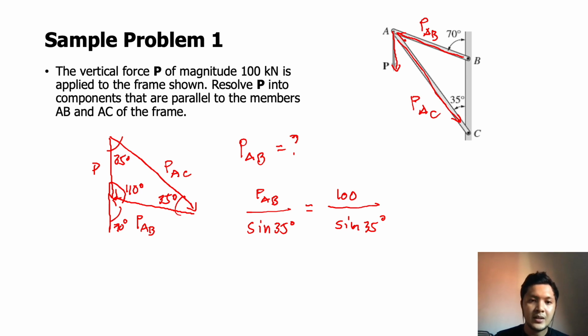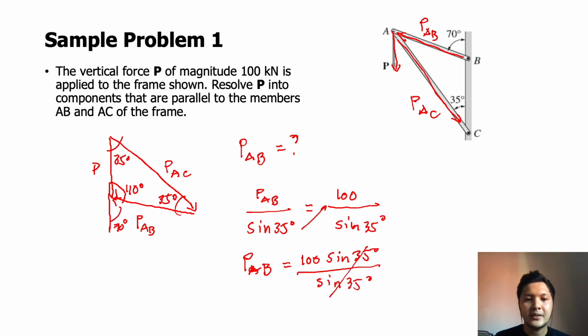Therefore, PAB is equal to 100 times sine of 35 divided by sine of 35. So we can cancel this.